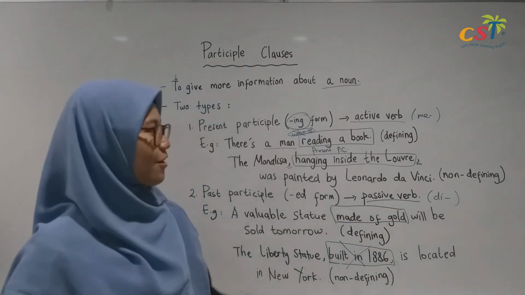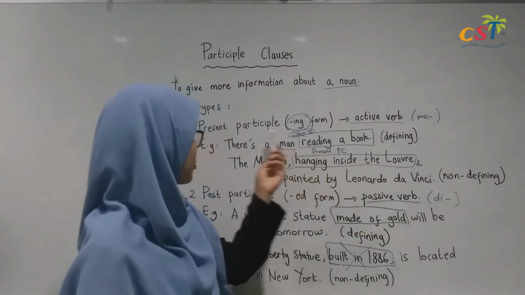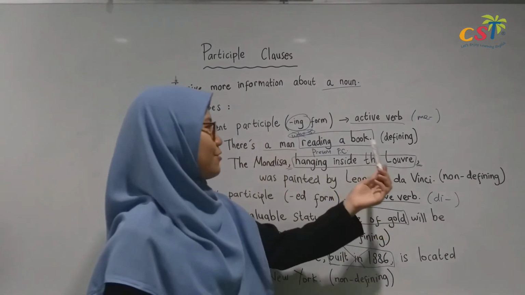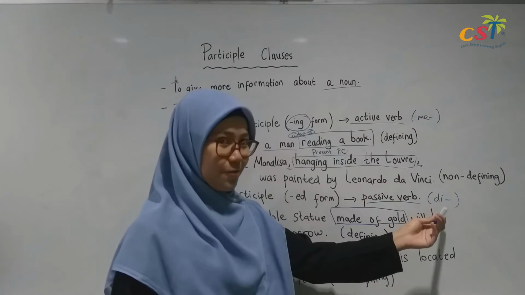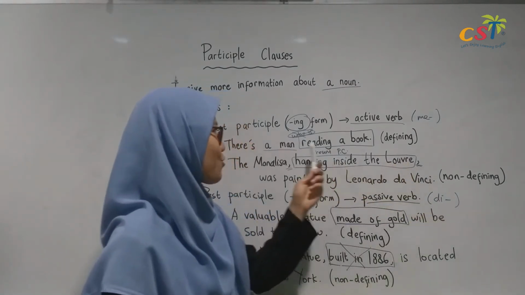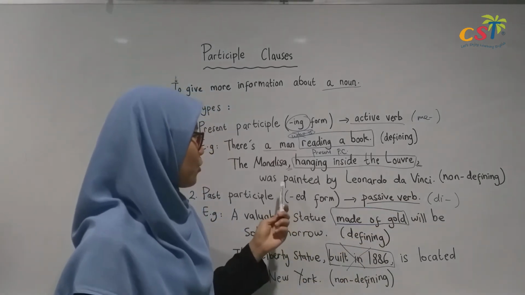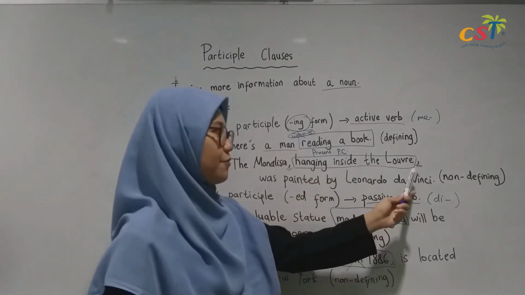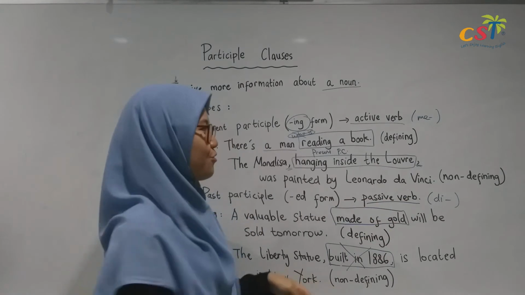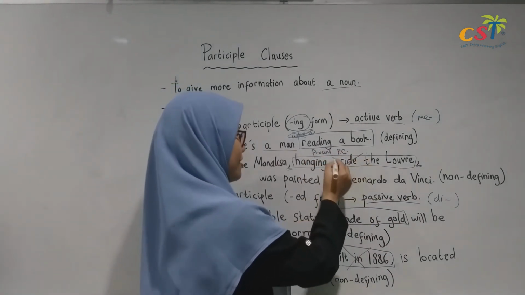And remember, there are also two types for each of these. The first one is defining, the second one non-defining. If defining, there is no comma before the clause. If non-defining, there will be commas before and after the clause, and it's fine for you to delete this information.